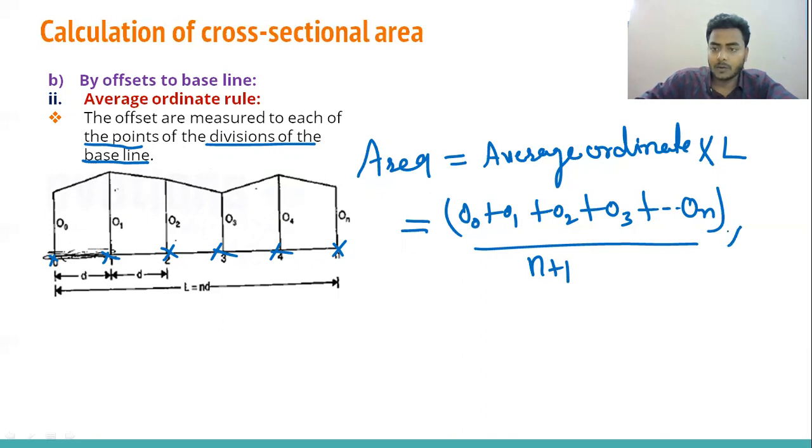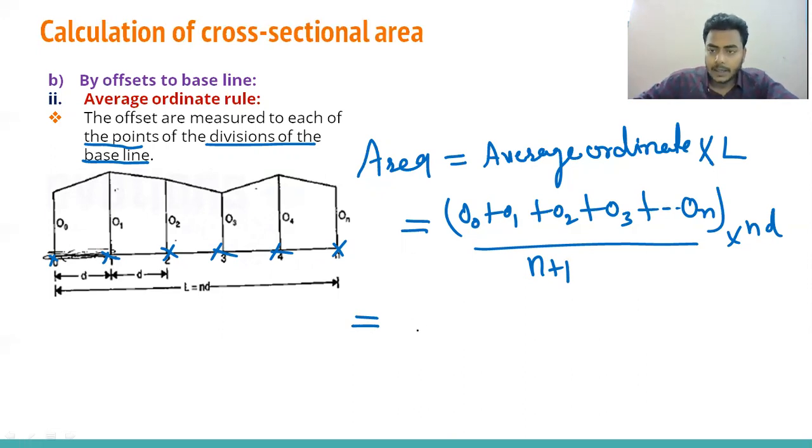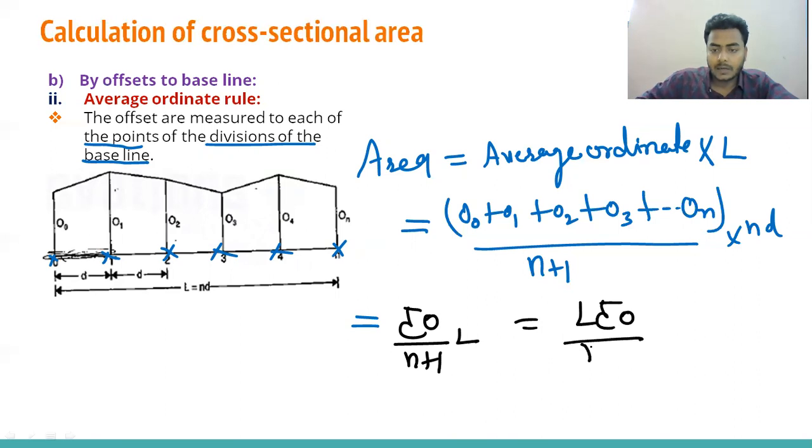So n plus 1, into nD. So in this case, we can write the summation of ordinates divided by n plus 1, into L. So we can write L into the summation of ordinates divided by n plus 1. So this will give us the total area.